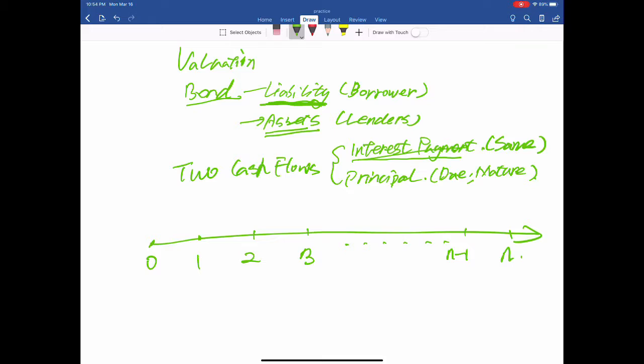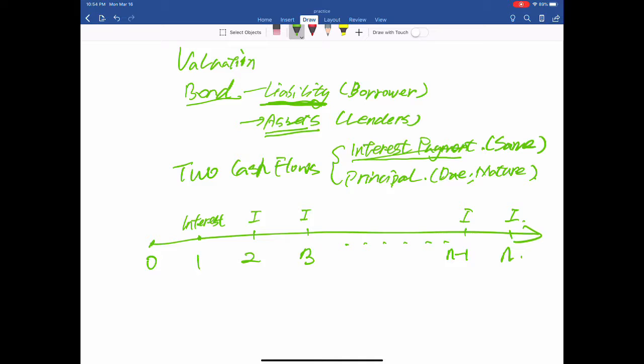So if I put the cash flows into a time axis, it is like this. Also, I assume the interest is paid at the end of each period. So this is the interest. I use I to represent the interest payment.